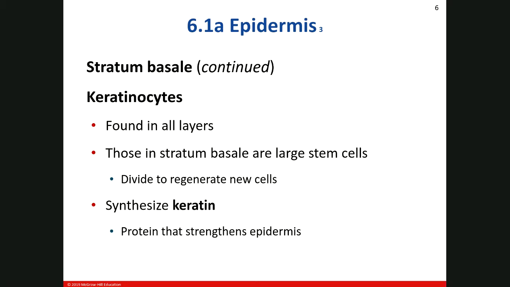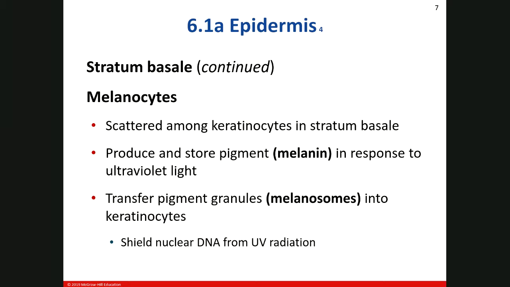And their job is to make keratin. That's all they do. In the process of making keratin, it's going to make your epidermis stronger, so it doesn't tear like tissue paper. So you'll have these stem cells in the stratum basale that are dividing. One stays in that layer to divide again, and the other one moves on. That's simple.